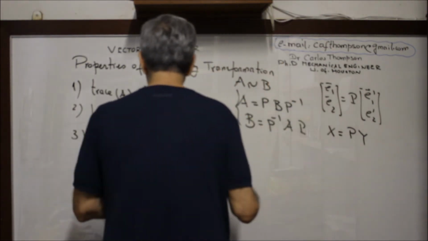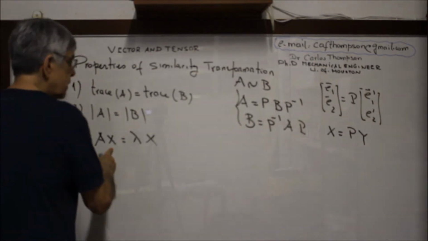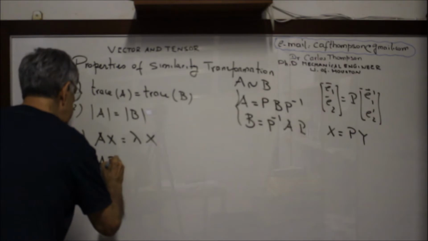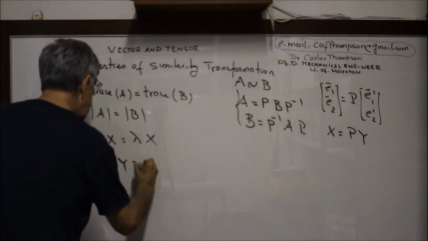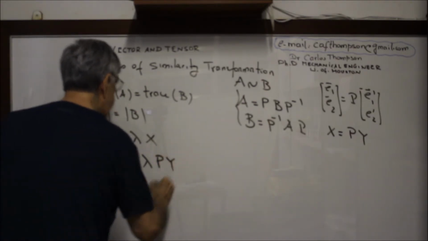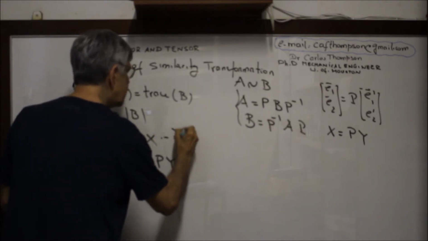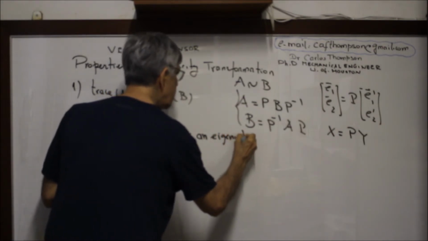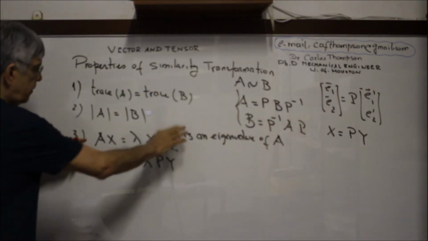So here I can write like this. x is P y, so A P y, because x is P y, is equal to lambda x, which is P y. So, assume that lambda is an eigenvalue of matrix A.